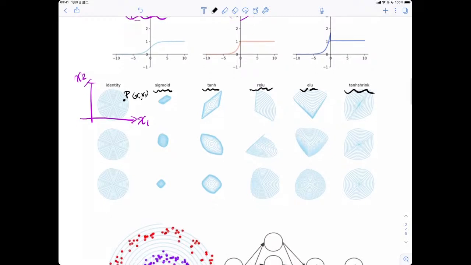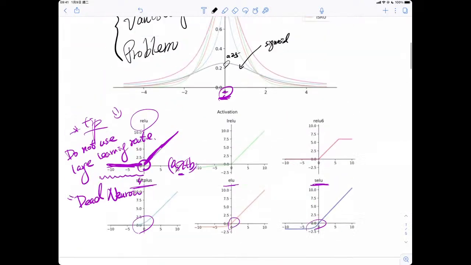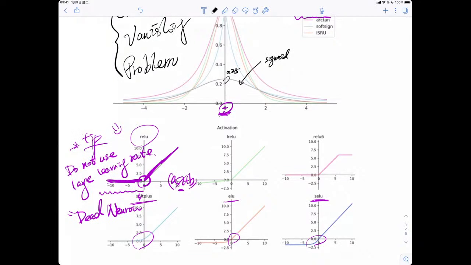As we mentioned before, for ReLU, all the information which is less than 0 will be represented as 0 after you pass through the ReLU function. So the information less than 0 will disappear.